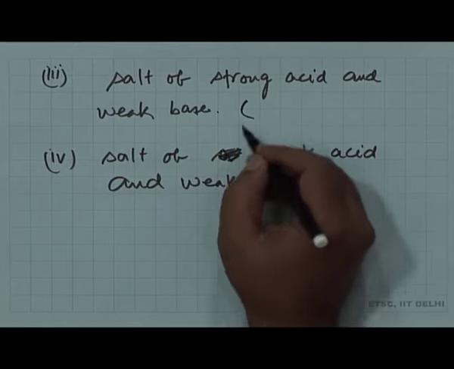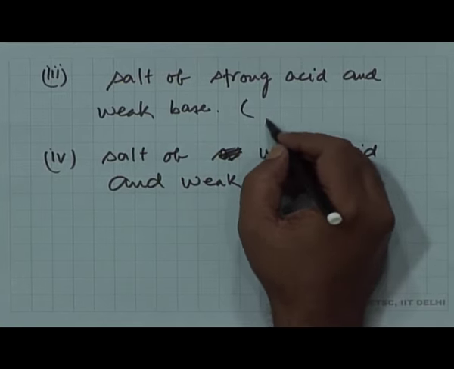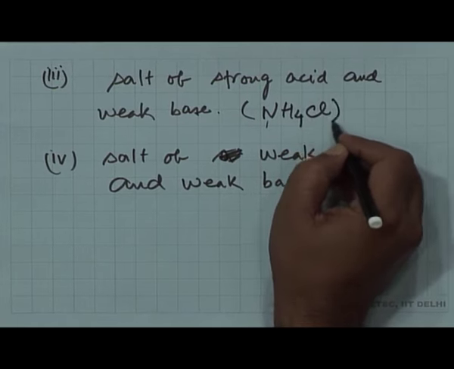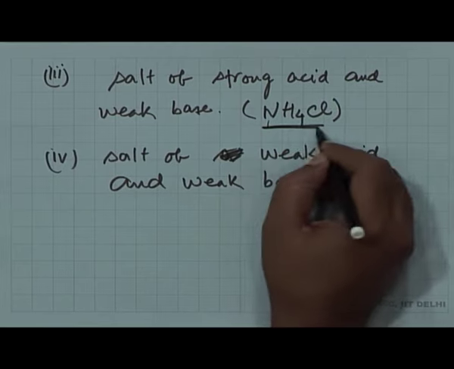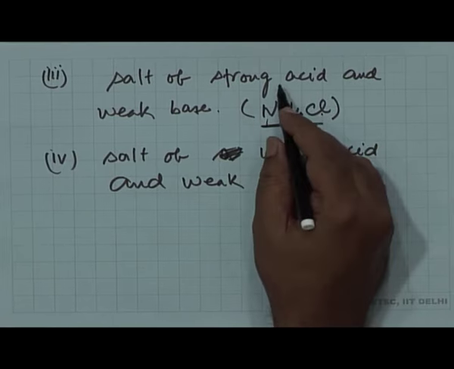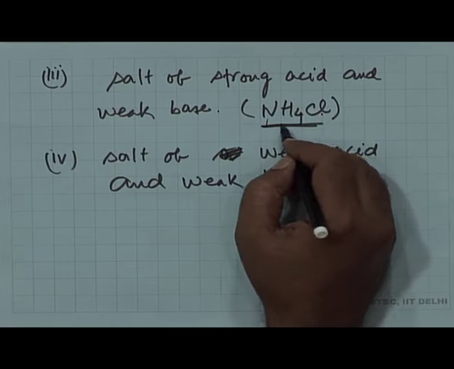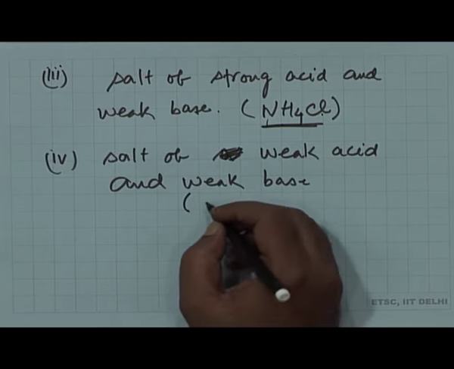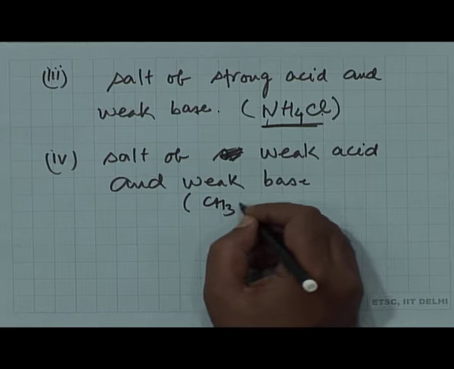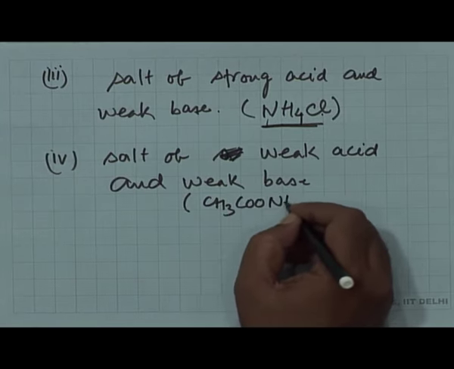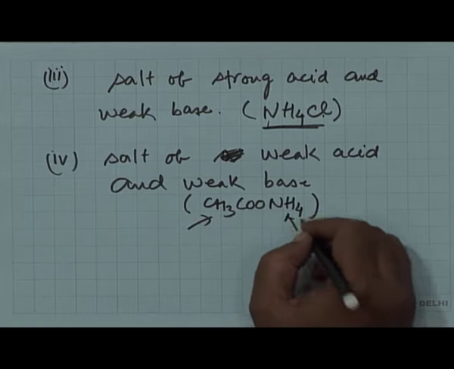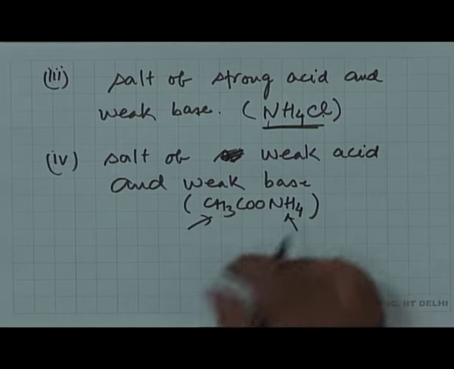So, here the example is NH4Cl. So, it is a salt of HCl, which is a strong acid, and ammonia solution, which is a weak base, and last is ammonium acetate. So, this is a weak acid, this is a weak base, salt of these two.